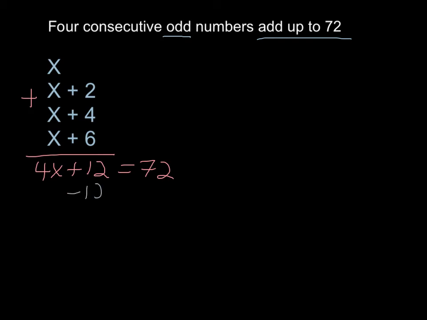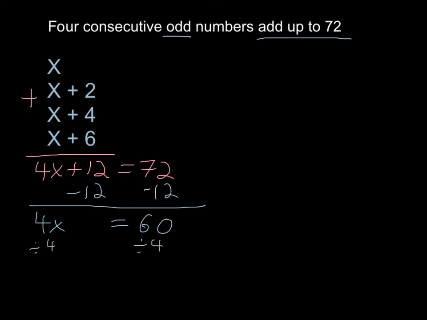Now I'm going to subtract 12 from both sides, and I end up with 4x equals 60. I'll divide both sides by 4, and I end up with x equals 15.